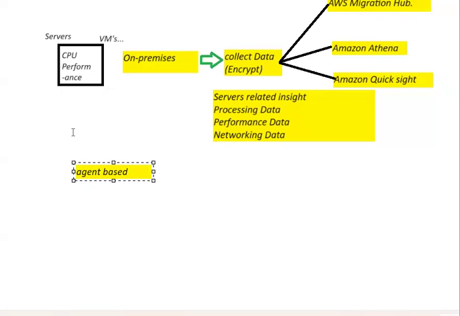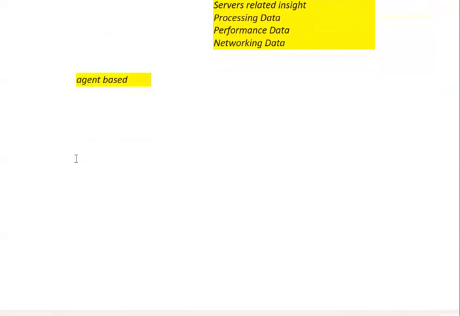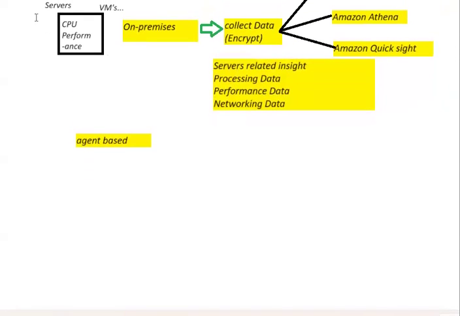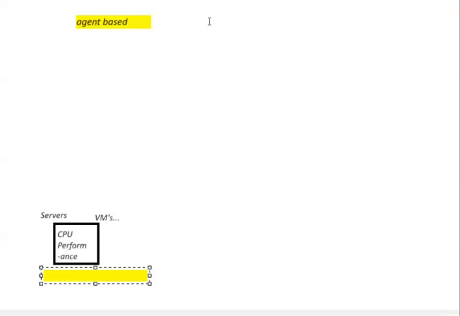In this agent based, what happens is first you need to install your agent on these servers. We need to install this agent both in virtual machines as well as physical machines.